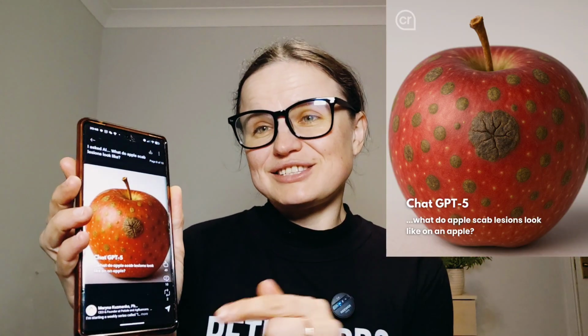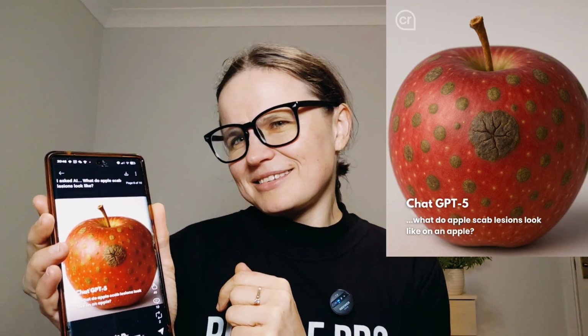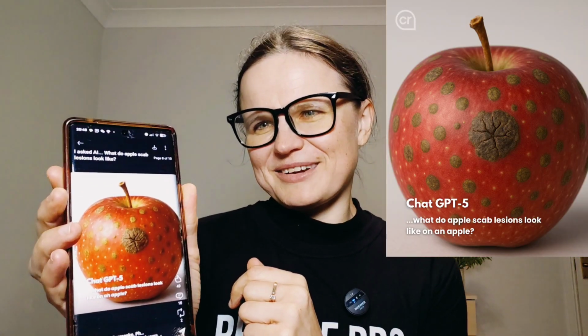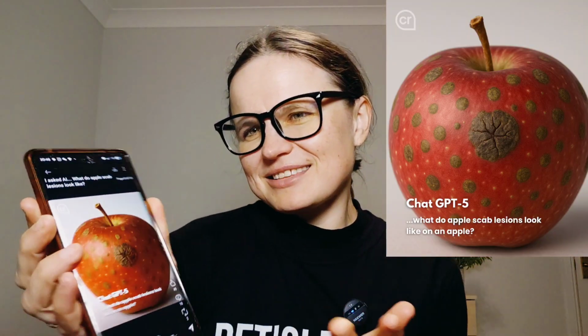It's not Apple Scab, but anyway. Then ChatGPT. I was expecting a bit of a different photo, honestly, but it's okay because they demonstrated this crack, this texture of spots, but a very symmetrical location of the spots. It's kind of demonstrating that it's artificial.